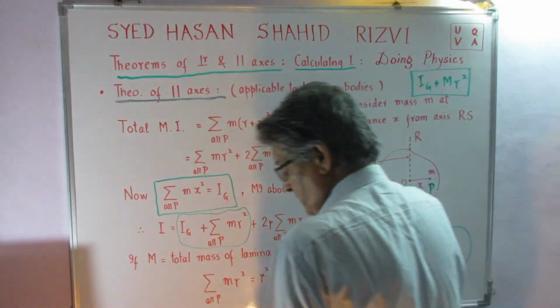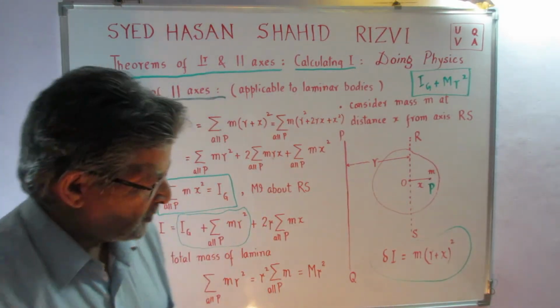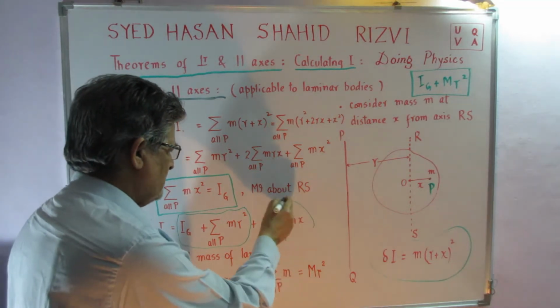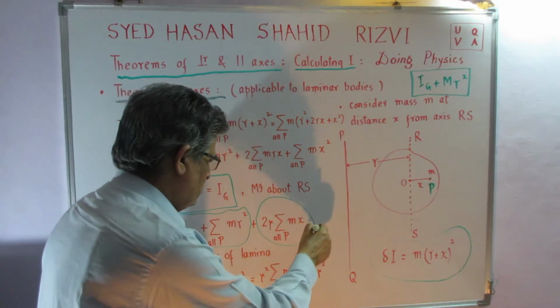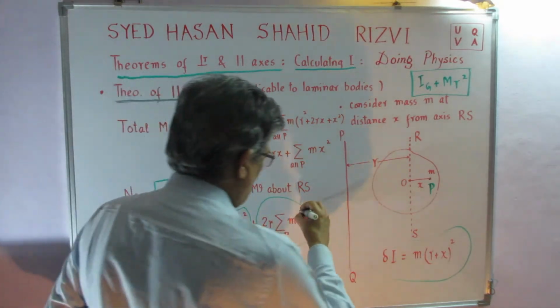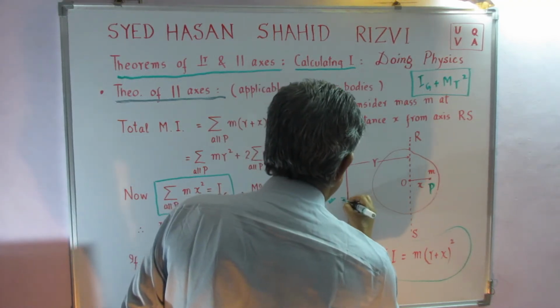So what comes to our mind is that we should be able to prove that this value here, 2r sigma of mx, must be shown in the following argument to be equal to 0.